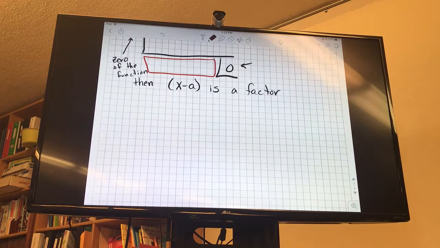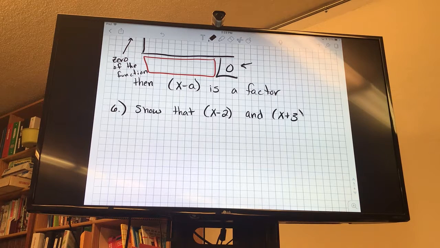So we're doing that in example 6. In example 6, they give us a couple of the factors and we want to show that they're factors. They ask me to show that x minus 2 and x plus 3 are factors of this function, f of x equals x to the 4th plus 7x to the 3rd minus 4x squared minus 27x minus 18.